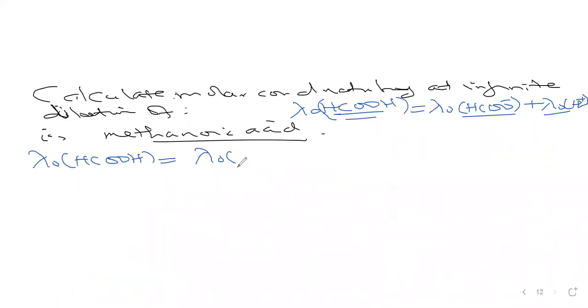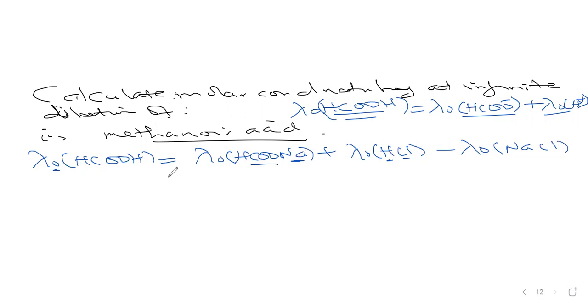So I will say molar conductivity of methanoic acid at infinite dilution or zero concentration is equal to molar conductivity at infinite dilution of sodium methanoate, which I have in the table, plus molar conductivity at infinite dilution of hydrochloric acid. These two, when added together, give me the methanoic acid. So I subtract off the sodium chloride molar conductivity. And when I substitute in my values, I will get the answer.